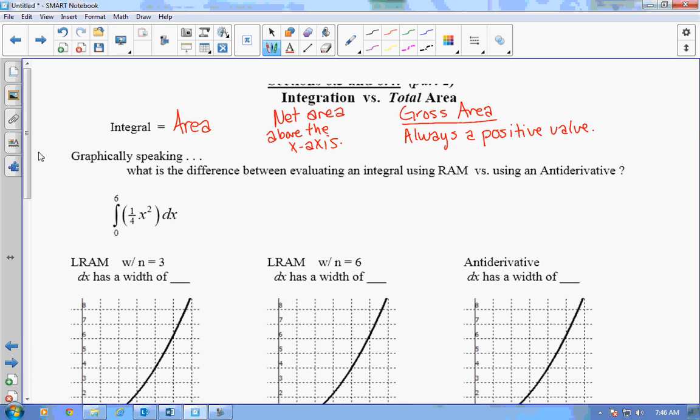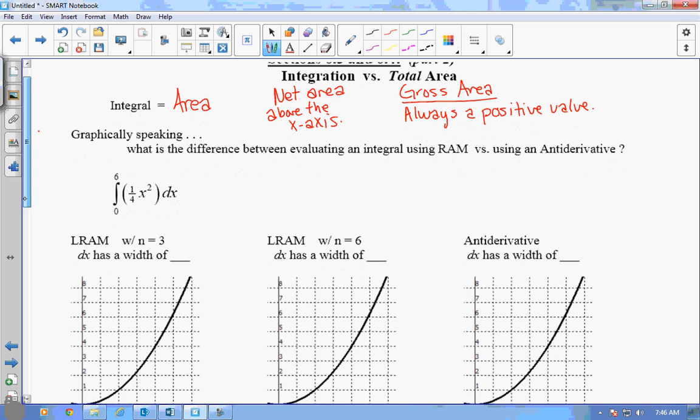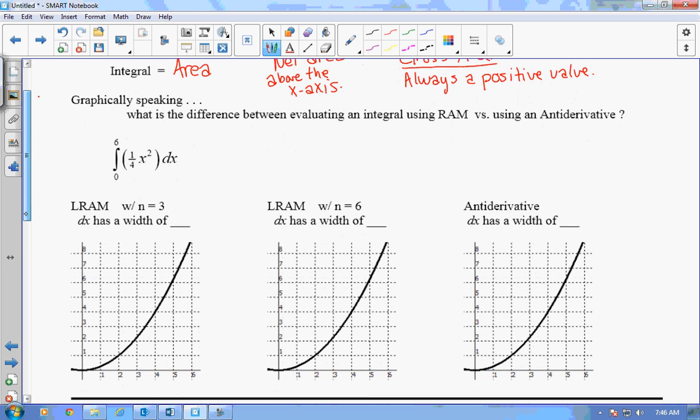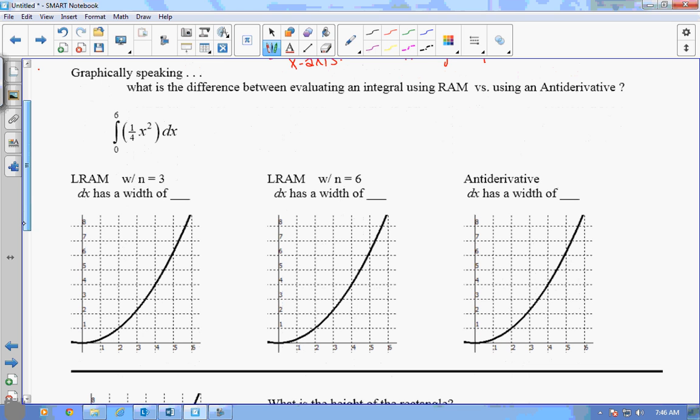Okay, so we're going to look at what's the difference. Graphically speaking, what's the difference between evaluating an integral using Riemann sums, the rectangular approximation method, versus using an antiderivative? If we have this integral of 1/4 x squared from 0 to 6 with n equals 3, we have 3 rectangles.